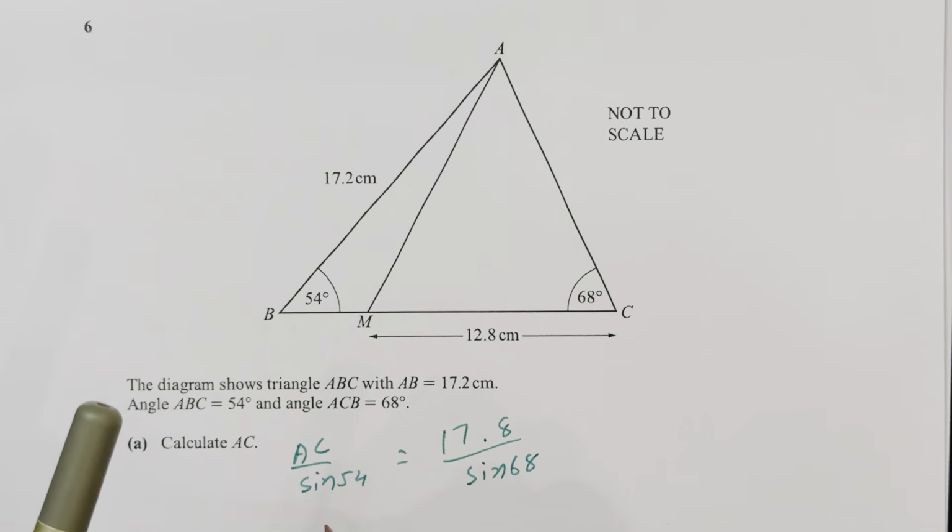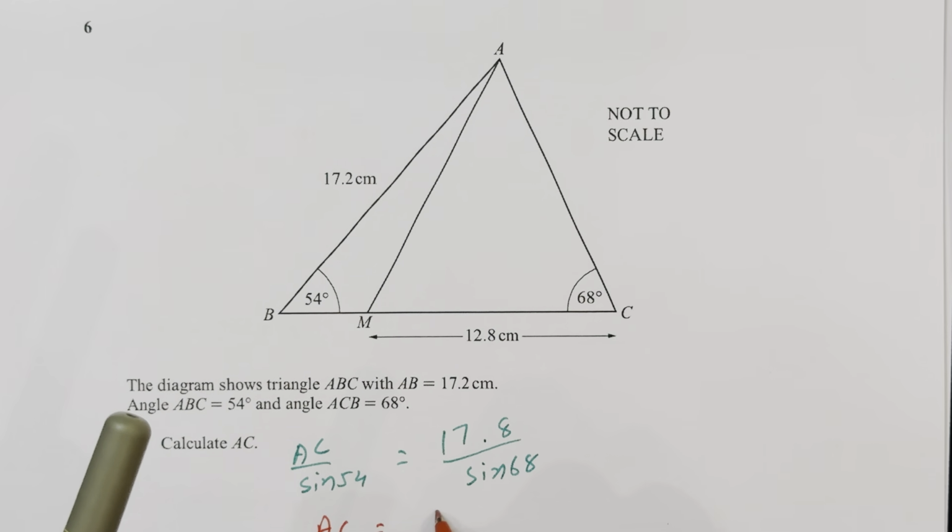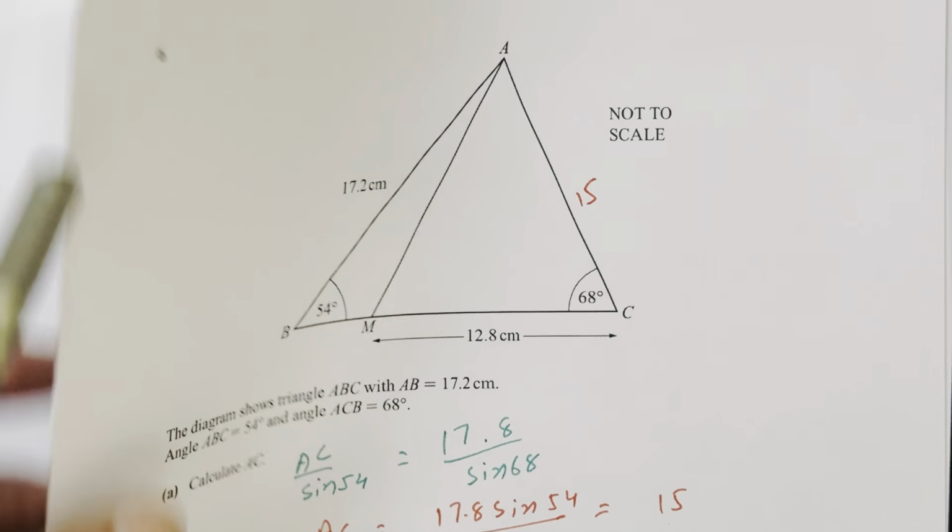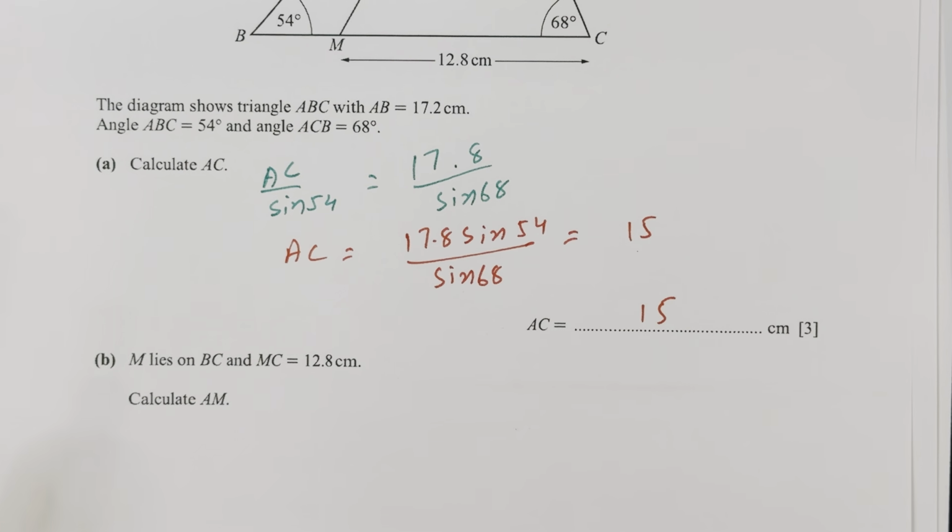After rearranging, we get the value of AC like that, 17.2 multiplied by sine 54 divided by sine 68. We get the value that is equal to 15 centimeters. So value of AC is 15 centimeter.